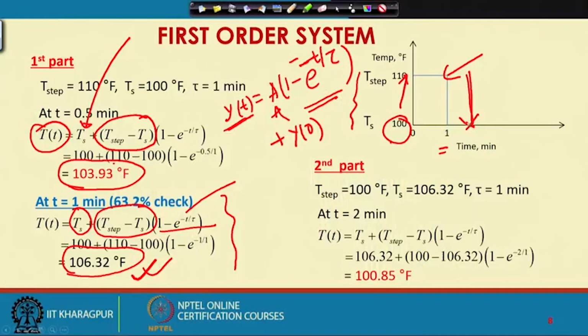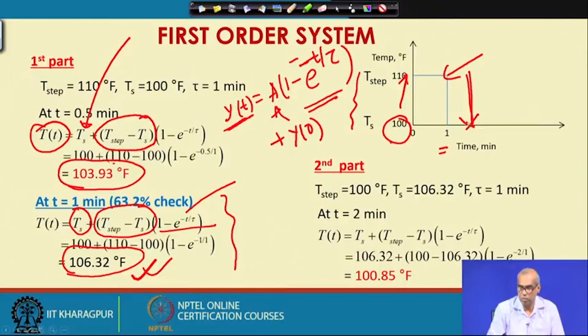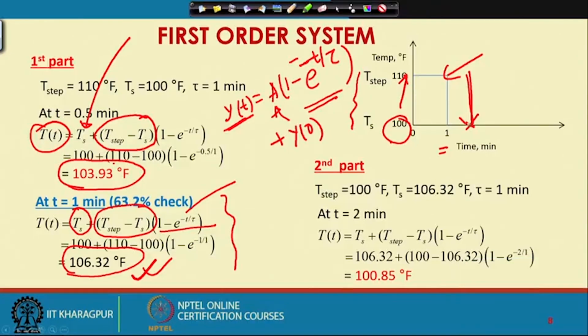In the second part, I give a falling step input to the thermometer. Again we make use of the same equation, but with appropriate values.